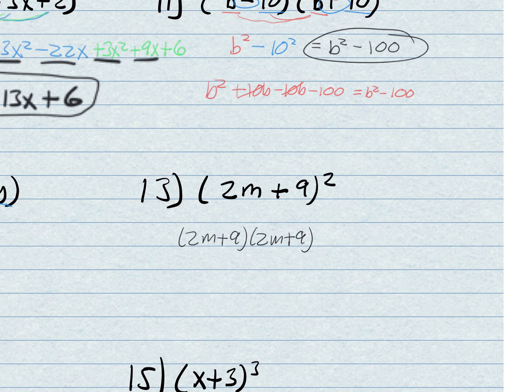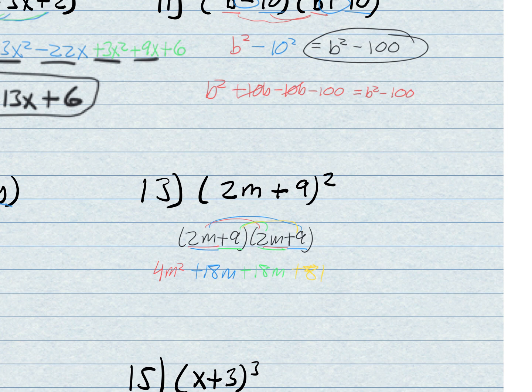Foiling, you would just do 2m times 2m, which is going to give you 4m squared. 2m times 9 is going to get you plus 18m. 9 times 2m is going to get you plus 18m. And then 9 times 9 is 81.